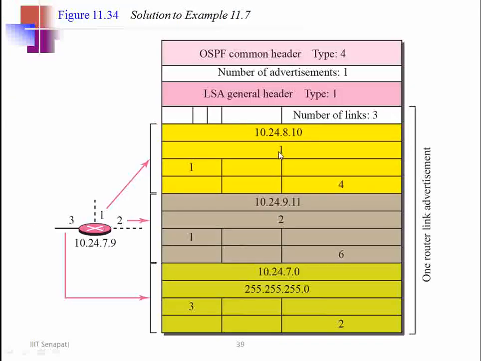So this is type 1, and this 4 was the metric actually. Another, and this is type. Okay, so 6. Now this was a stub, so it will be the address. So this is its address, mask, type, and metric.